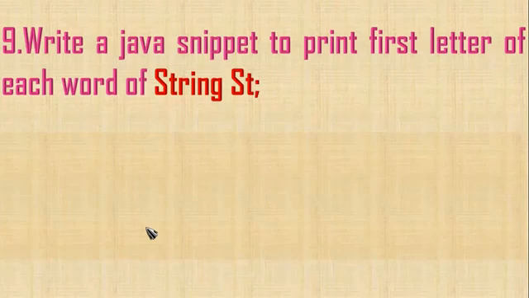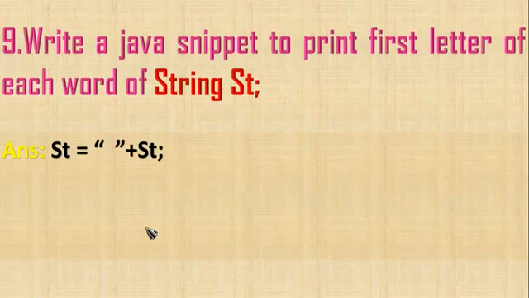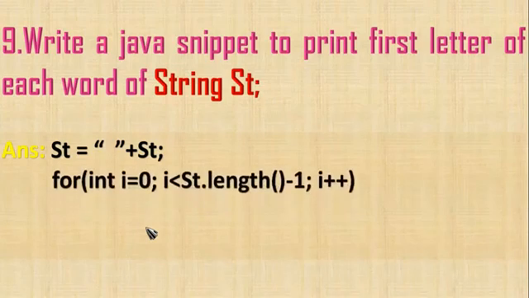When there is a space. So in the beginning, most probably no one will be giving a space to start a sentence. So we will add one space before the string. So st is equal to one space plus st. So after that space, whatever the first letter is, we can easily extract it.